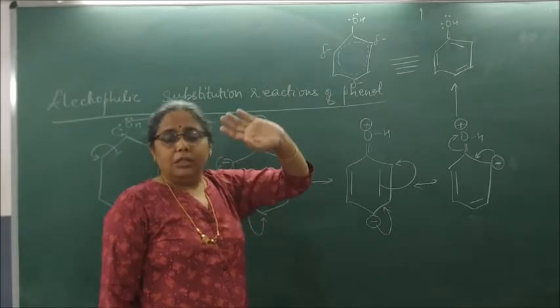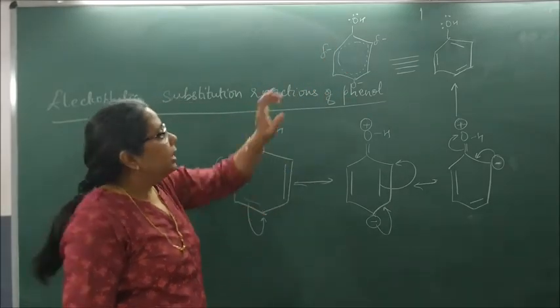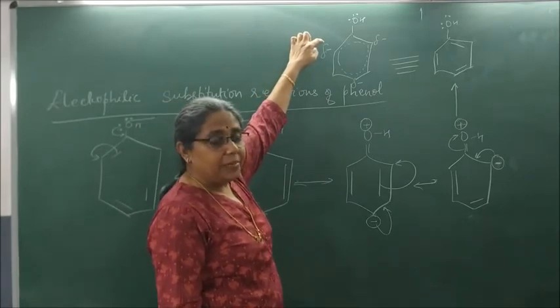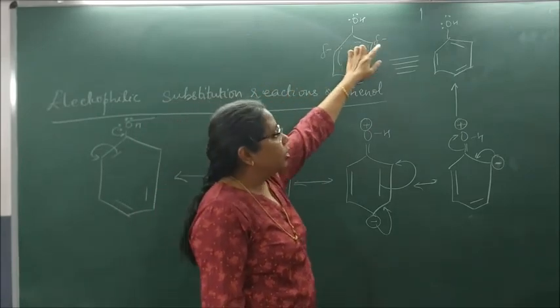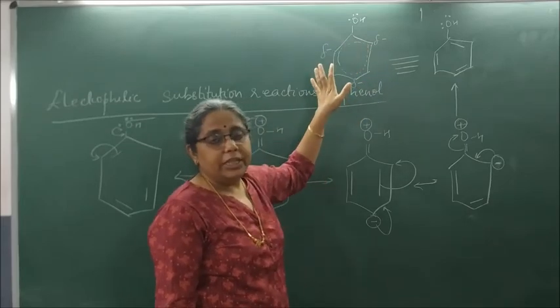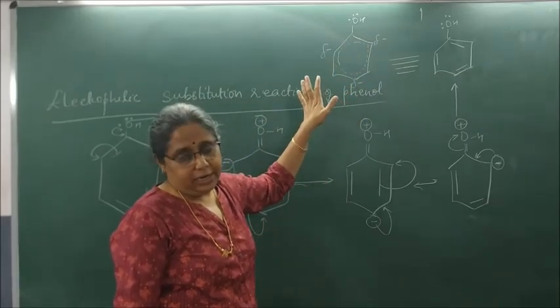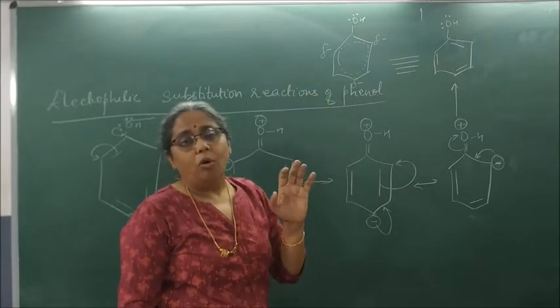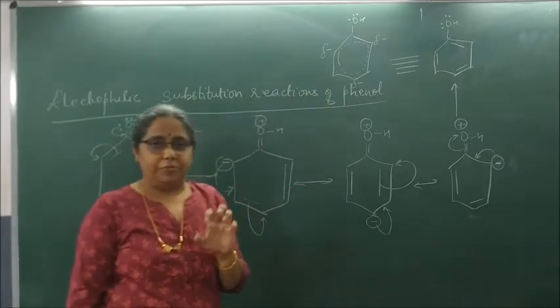Resonance hybrid. This resonance hybrid shows that the electron density is maximum at what positions? Ortho and para positions. These are the positions where the electrophile will come and attack. So phenol always gives electrophilic substitution.